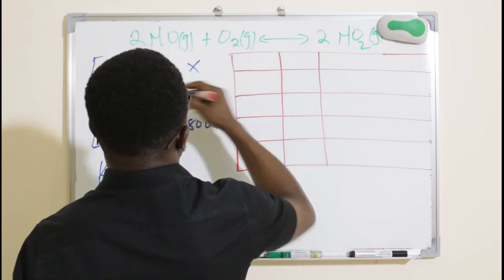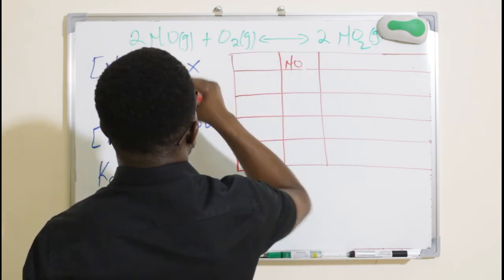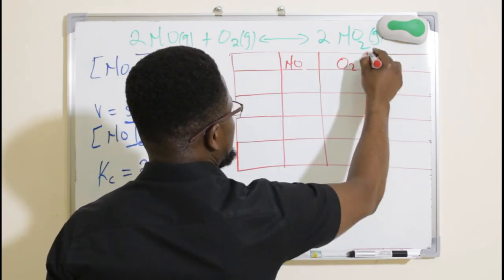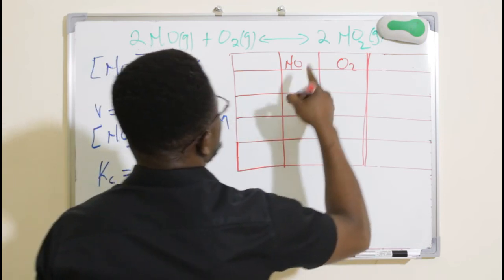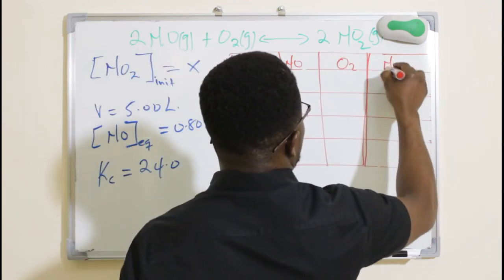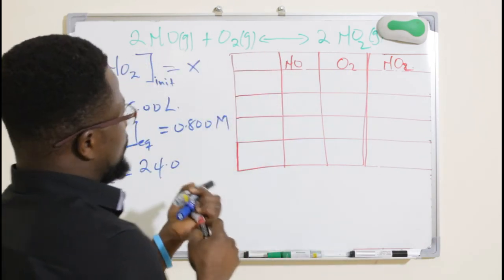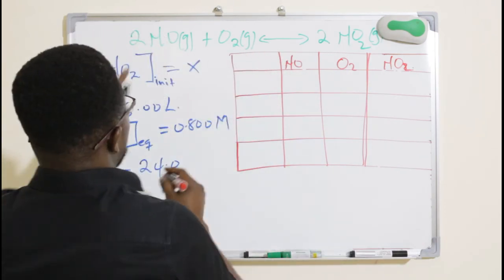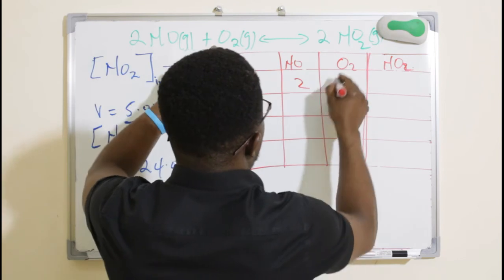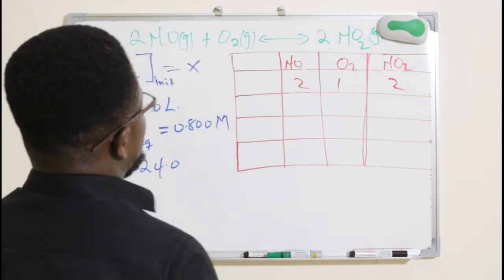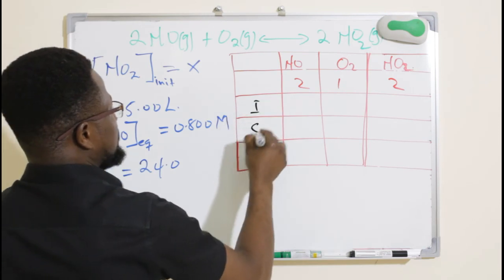We are given NO and O2, there is a separation line between the reactants and the products, and there is NO2. Right, good. What is the ratio? The ratio is 2:1:2. Let's try and complete the ICE table.